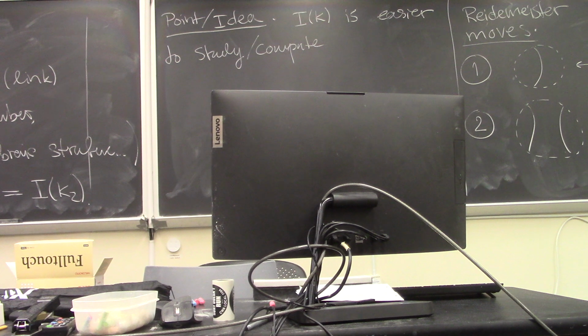This statement says that if K1 and K2 are equivalent, then I of K1 is equal to I of K2.